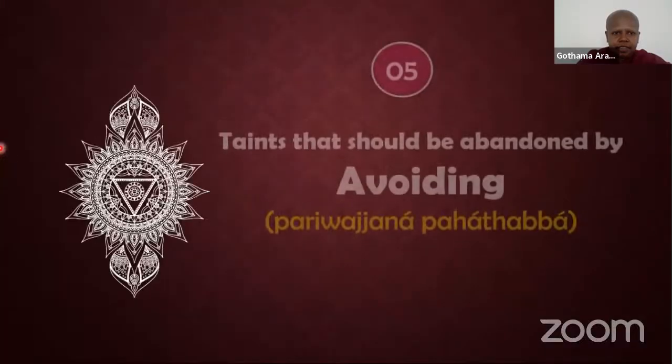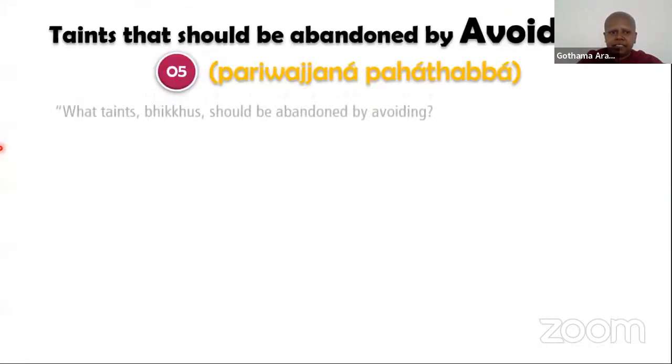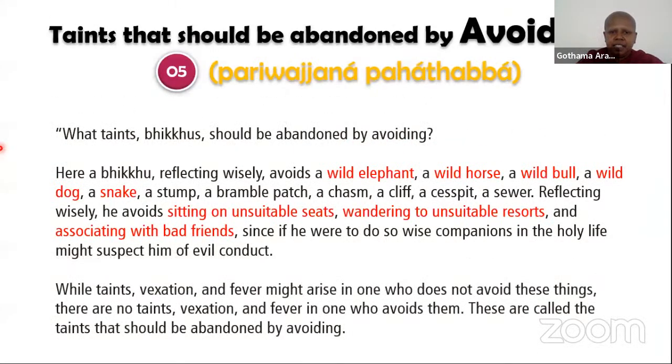Okay. So the things that you should abandon by avoiding. Wild elephant, wild horse, wild bull, wild dog, snake. When we walk on the road, we see a beautiful elephant.